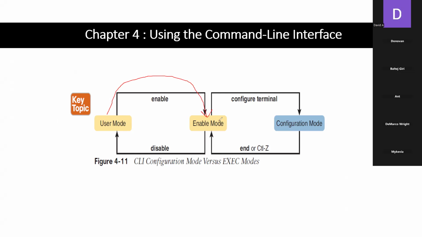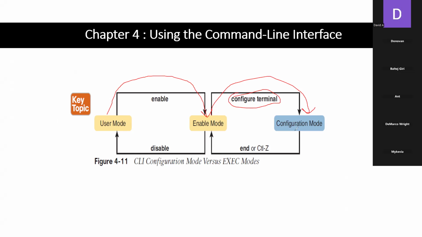But if we want to make configuration changes, we have to go to a mode for that. That mode is called configuration mode, and to access it we type the command configure terminal, or config T.